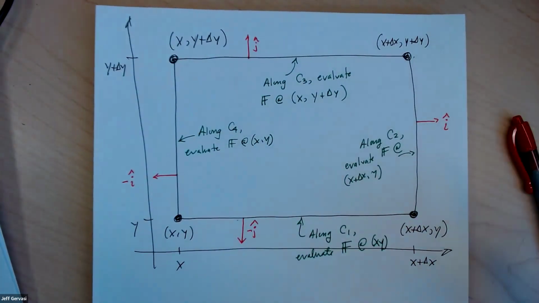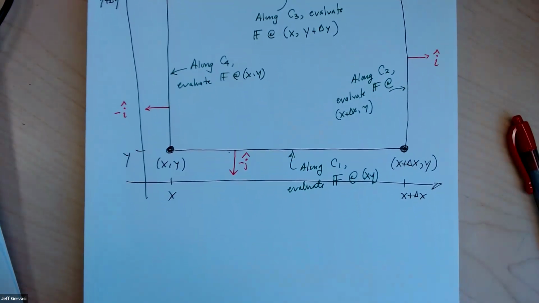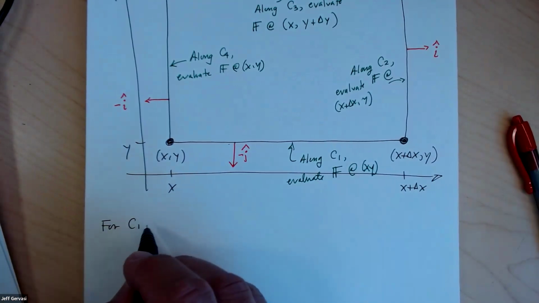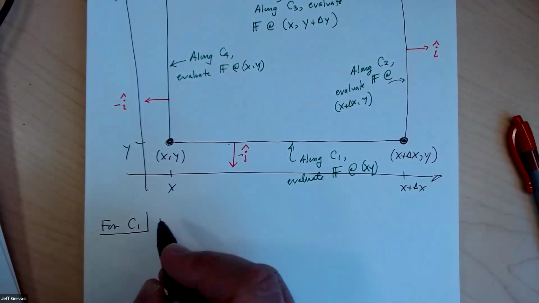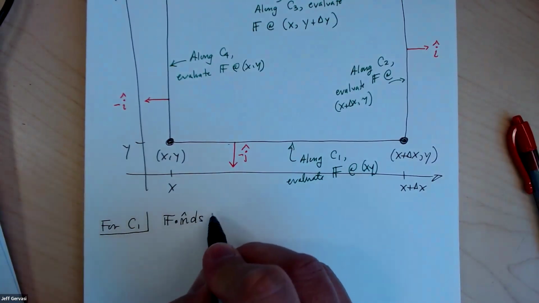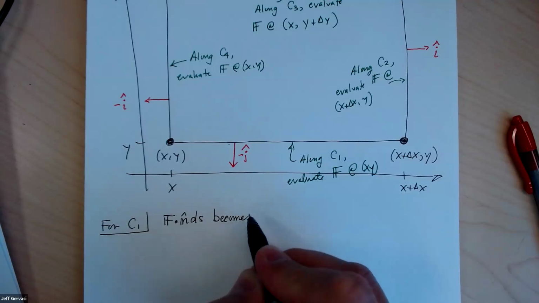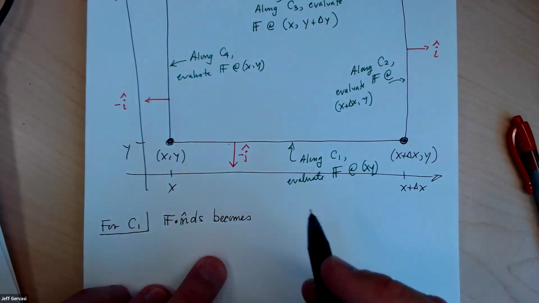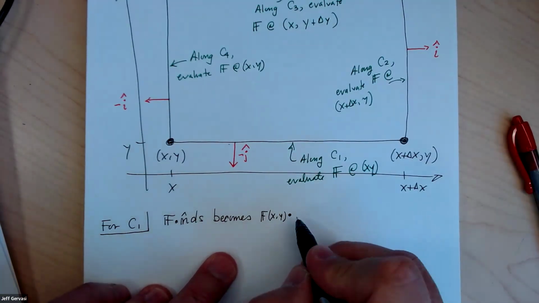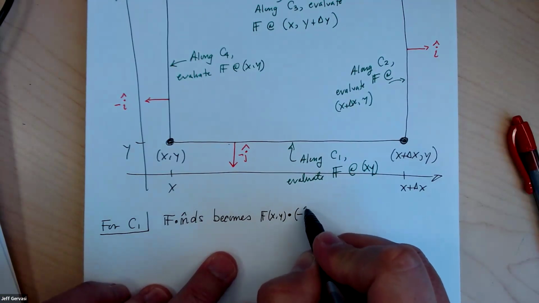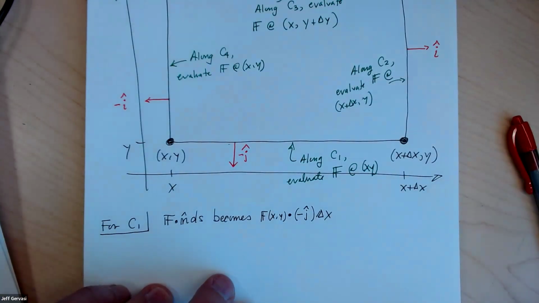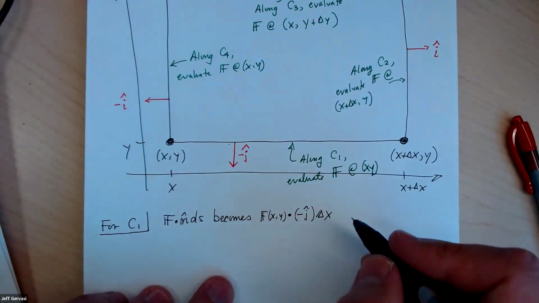Now, for C1, the expression F dotted with n ds becomes, and that is equal to.